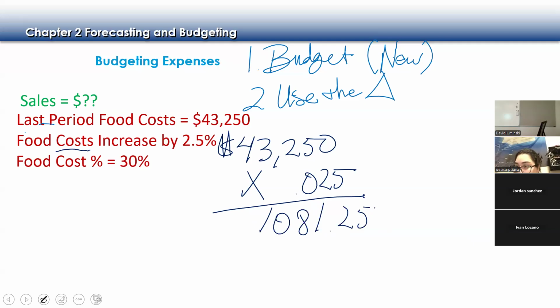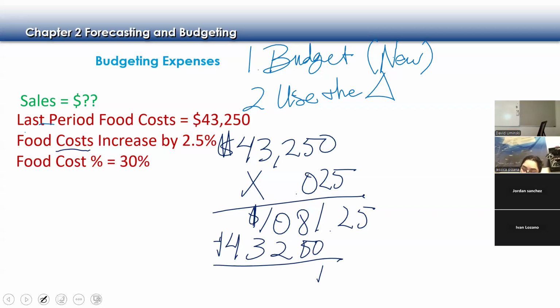Okay. So now we add that to our original number of 43,250. When we add that together, we get 8 and 5 is 13. Carry the 1. 3, 4, and 4.